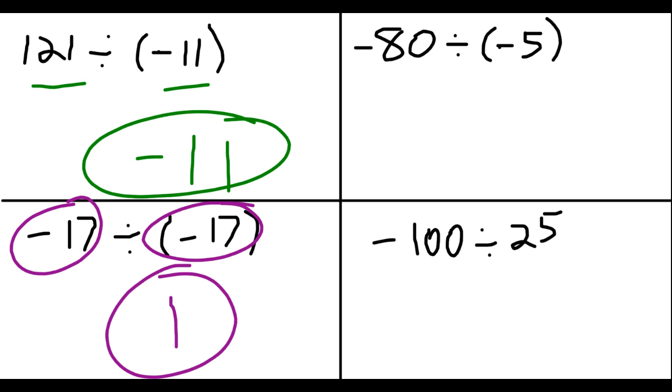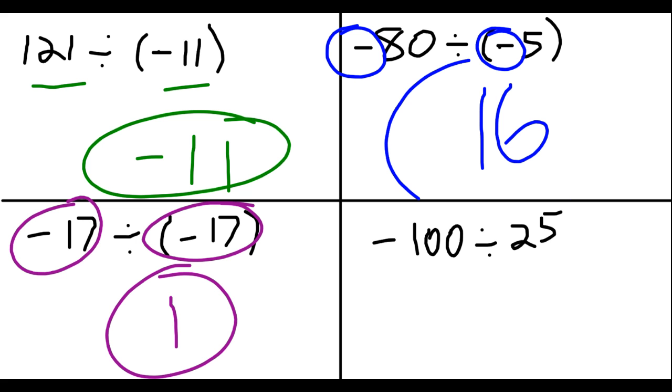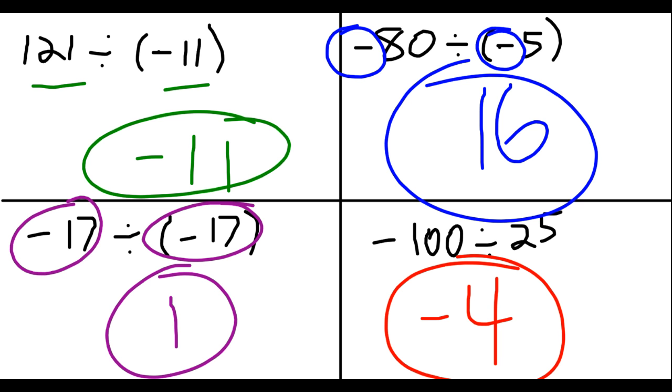Up in the upper right-hand corner, we have 80 divided by 5. 80 divided by 5 is 16, and we have a negative divided by a negative, so we have a positive 16. And then finally, in the bottom right-hand corner, we have negative 100 divided by 25. 100 divided by 25 is 4. Negative divided by positive, they are different signs, so our answer is negative.